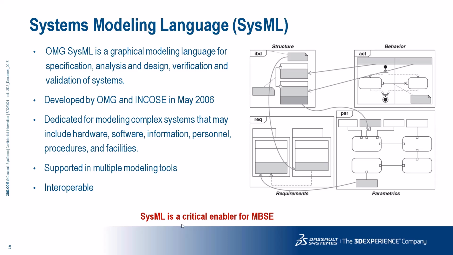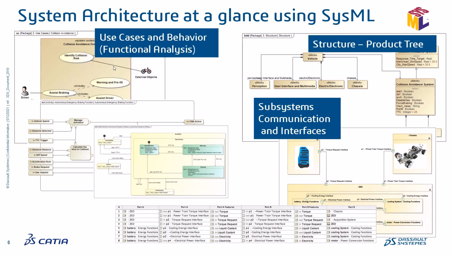SysML is treated as a critical enabler for model-based system engineering, tying everything together. Here we can see use cases defined in SysML, activities used for functional analysis, state machine definition, an interface control document automatically generated from an internal block diagram defining the logical and physical architecture of the system, system breakdown, product tree, plus execution on top of that, so not only definition.